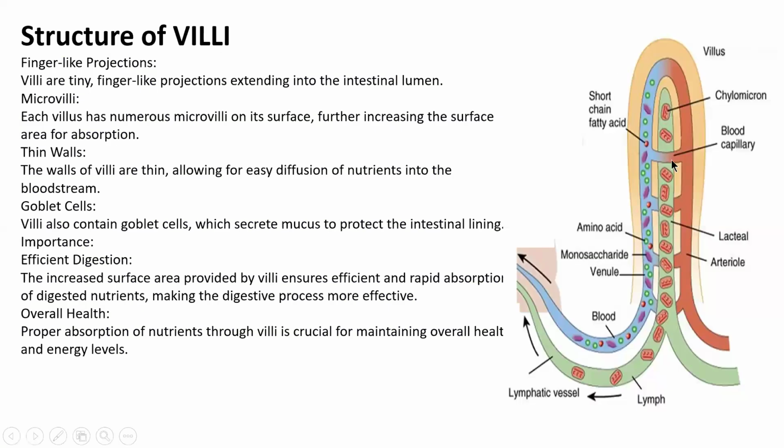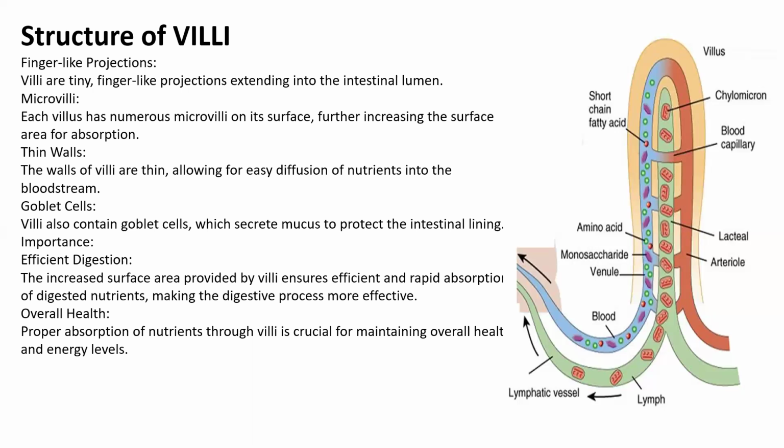Villi are tiny finger-like projections with thin walls, allowing simple diffusion of nutrients into the bloodstream. They contain goblet cells, which secrete mucus to protect the intestinal lining. Very important point: goblet cells help in the secretion of mucus, which helps protect the intestinal wall lining.